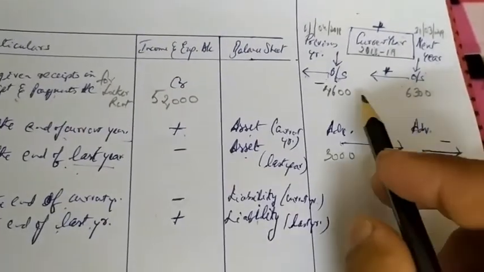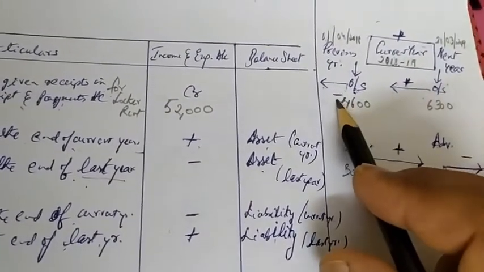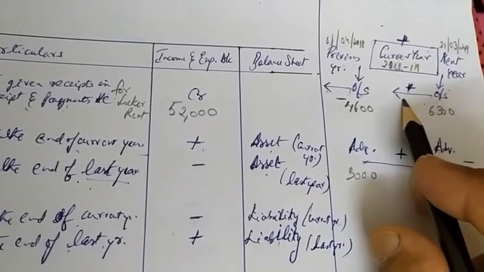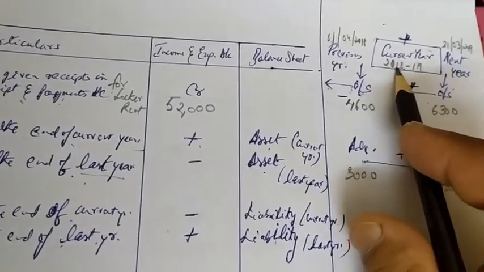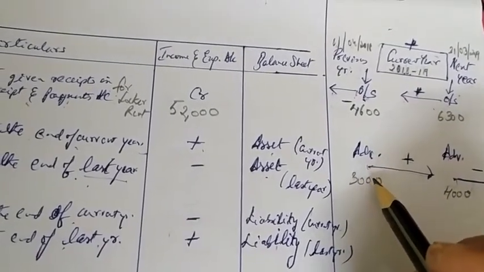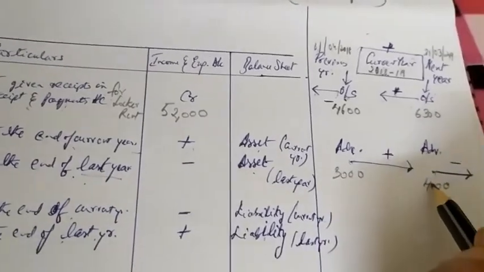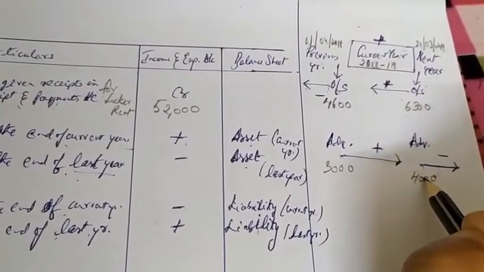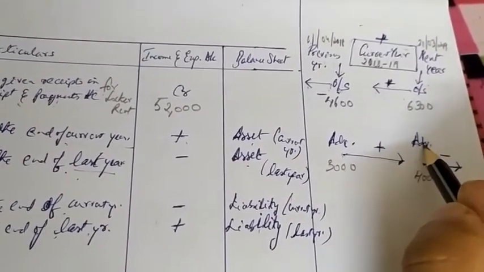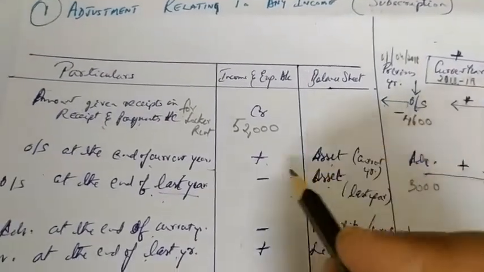So we can apply the rule. As we know, outstanding at opening is to be deducted, and closing is to be added, to find the amount meant for the current year. On the opposite, for advance, the previous year opening is to be added, and next year advance is to be deducted. So pick these and apply them here.